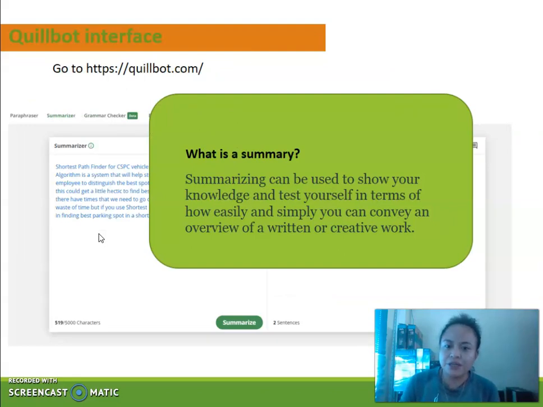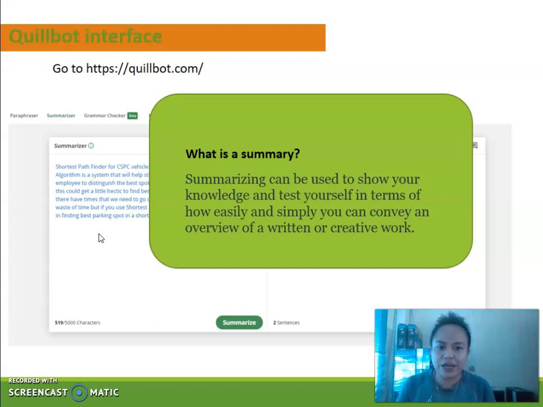Summary means we are summarizing. Summarizing can be used to show your knowledge and test yourself in terms of how easily and simply you can convey an overview of a written or creative work. Using artificial intelligence, the AI finds the key thoughts of the sentence and provides us a summary for easy understanding.